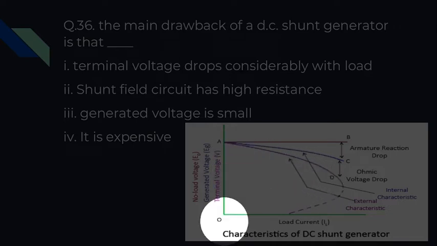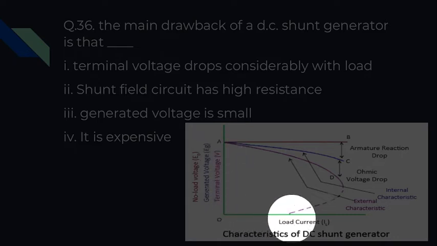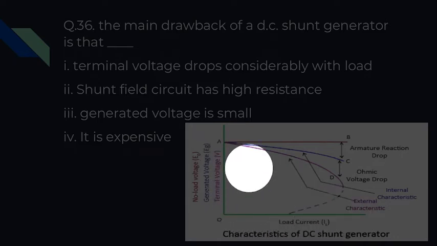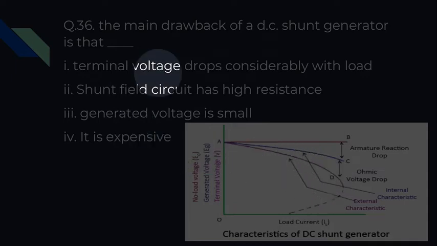At no load condition the voltage is high. As we go on increasing the load current, the terminal voltage decreases, and there is a huge drop in the terminal voltage. So the terminal voltage drops considerably as the load increases.